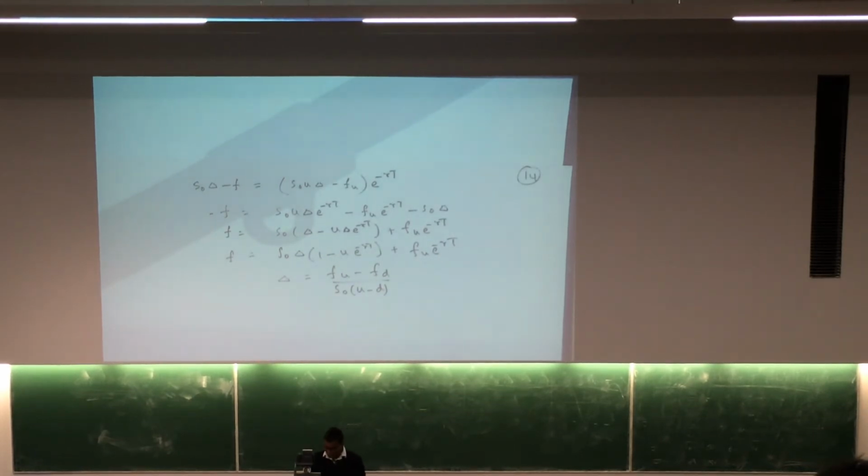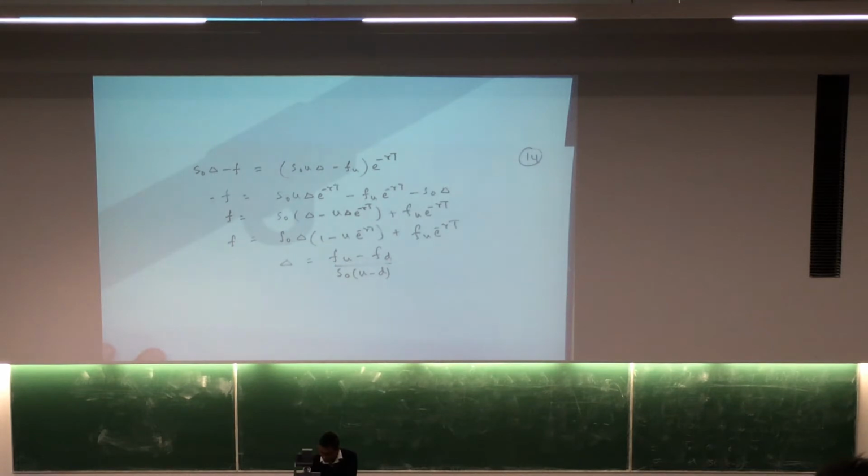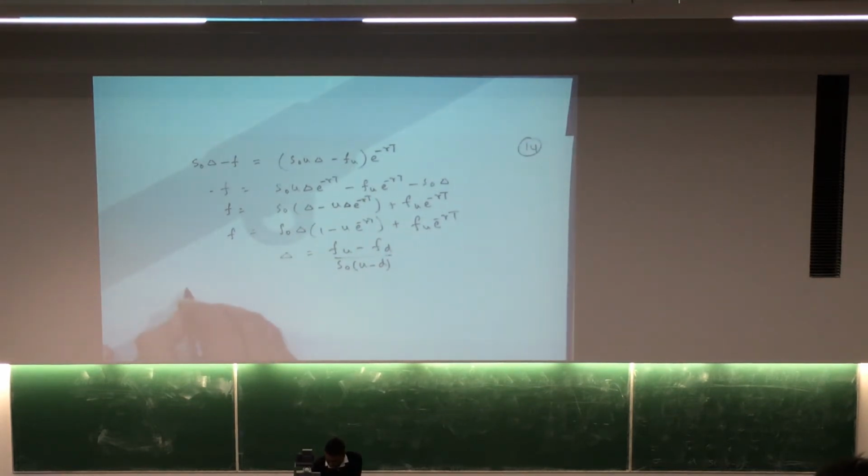You need not worry about the derivation. If I substitute this value here, then the option value is going to be something like this. F equals to, I don't want to do all the calculations because that's not the important point that you're supposed to understand.